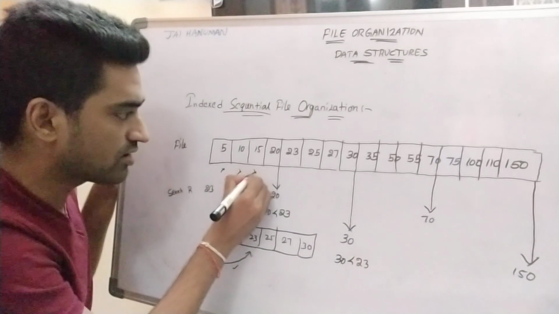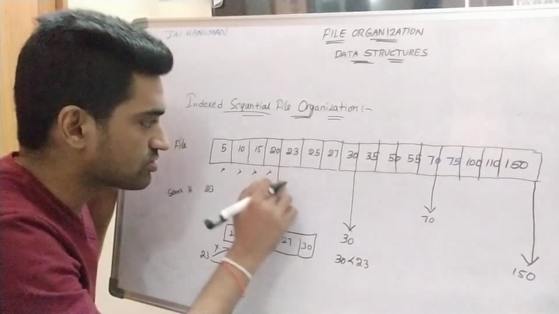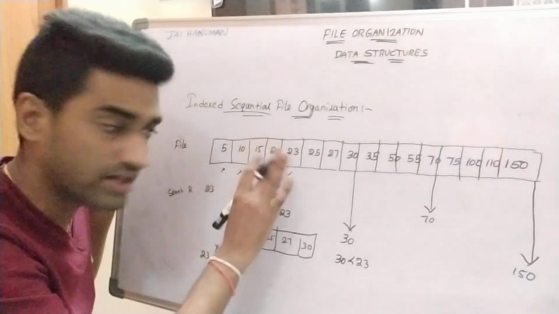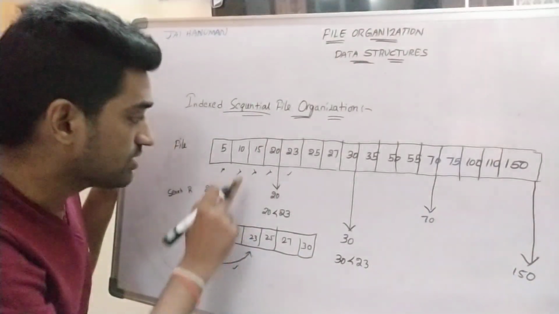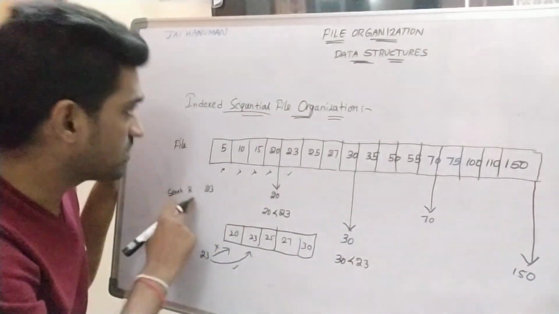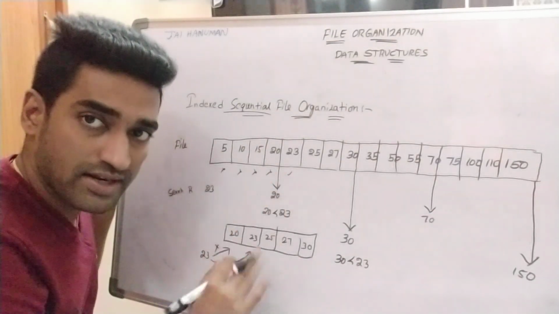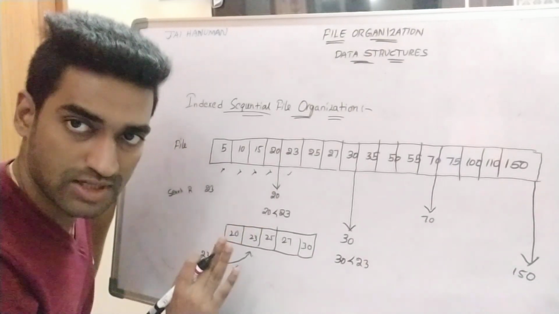Record is not found. Then the record is found. So ultimately 5 comparisons are required before we can get the desired record from the file, right? In sequential search. But by using indexed sequential file organization, we need only 2 comparisons. Then we can find the desired record from a set of records, right?